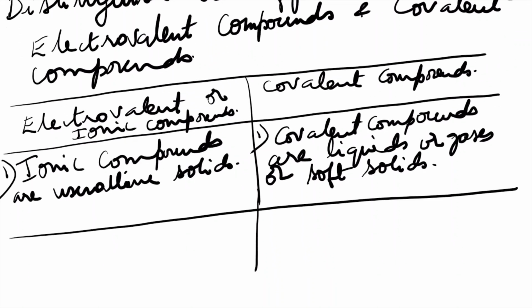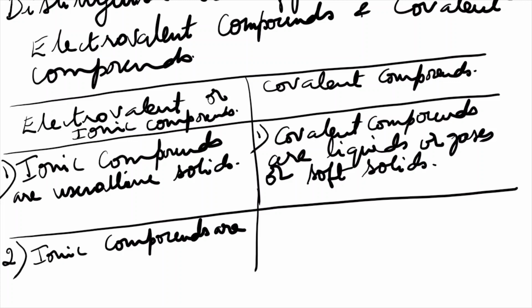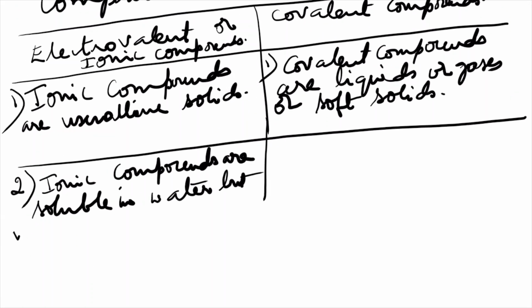Okay, then regarding solubility. Ionic compounds are soluble in water but insoluble in organic solvents.